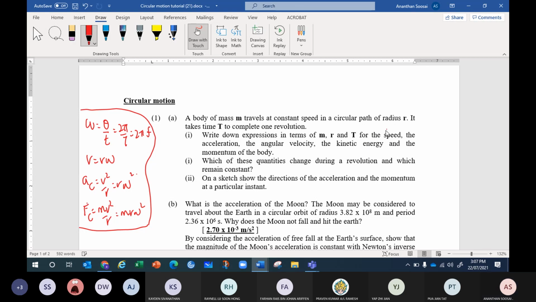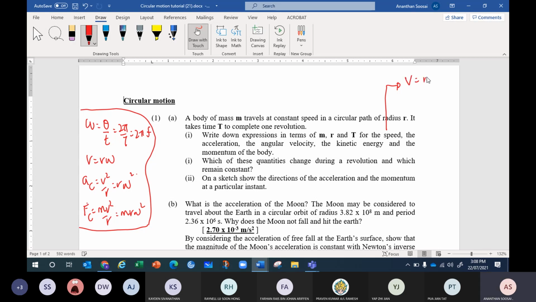So you can only use m, r, T. First, speed. Can you write speed in terms of m, r, T? I give you one minute to think. Speed, we know from here speed is r omega. But we don't want omega. We want it in terms of m, r and T. Anybody?